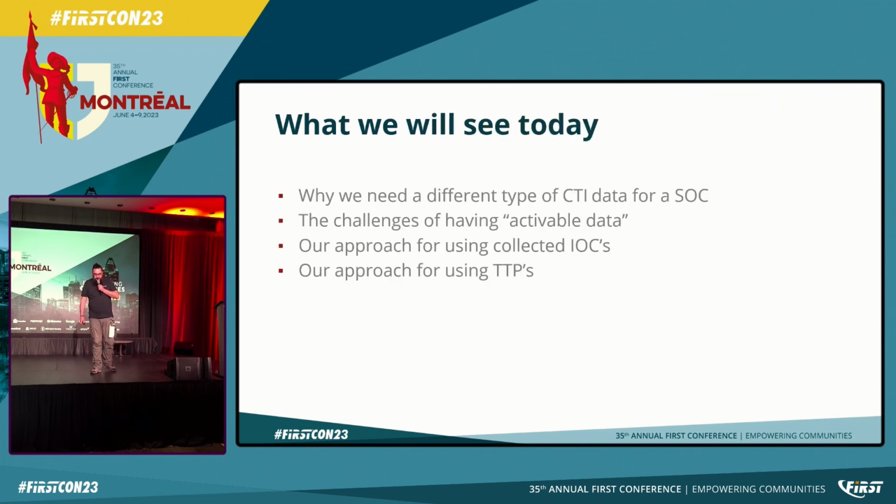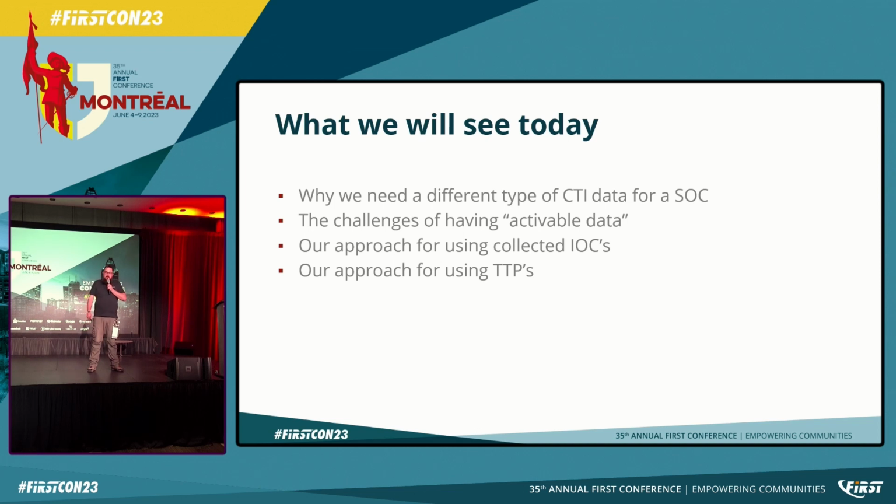So what we will see today is what we have experienced and what we have put in production, to give you maybe some ideas to help you change what you do in your own company. Maybe it could be useful for you, and for us also if you have some ideas to share.